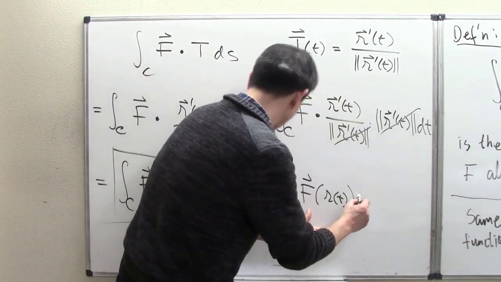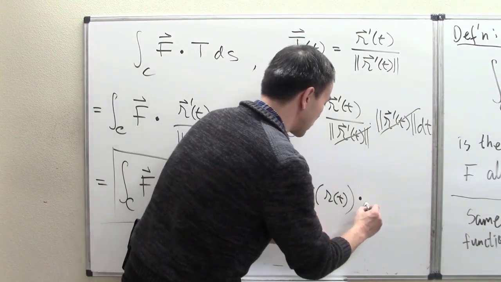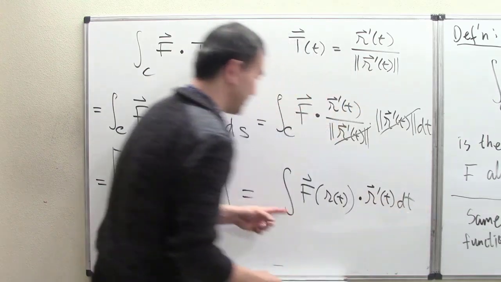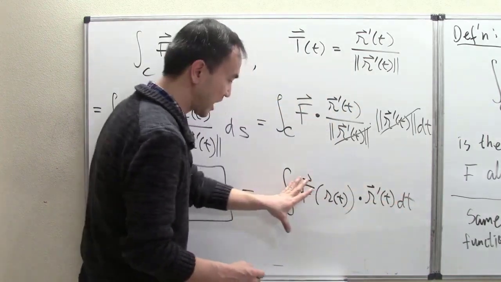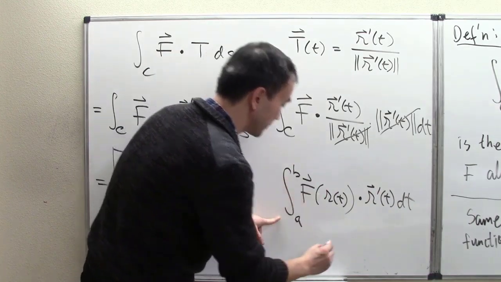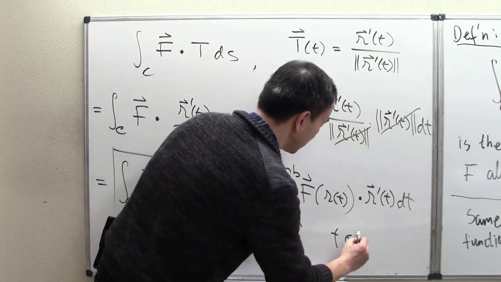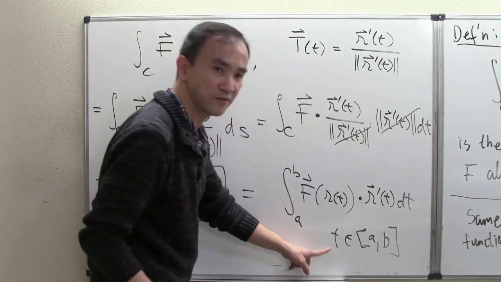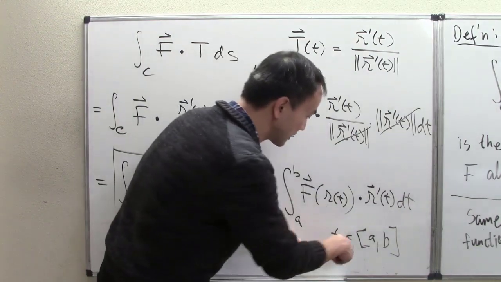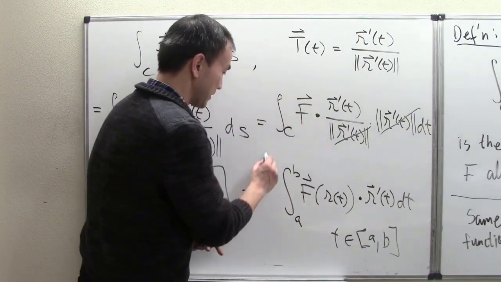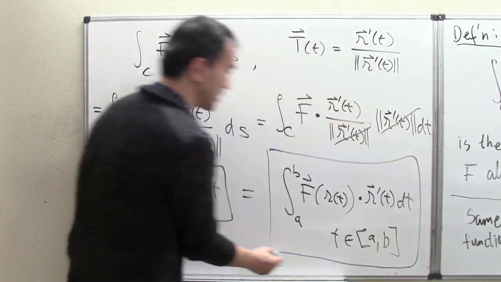Then we take the dot product with R prime of t dt, and now it becomes all in terms of scalars, and we are integrating from a to b. This is the interval where t belongs, the interval of t parameter values that parameterize your curve C.